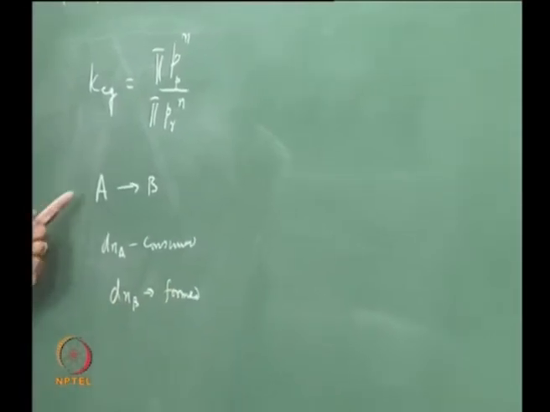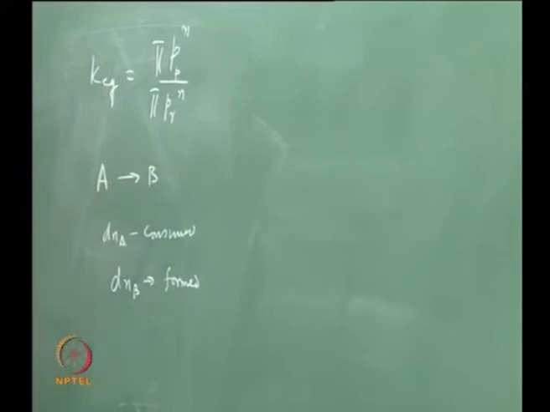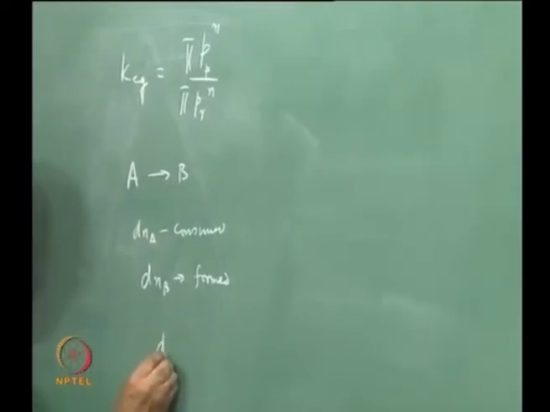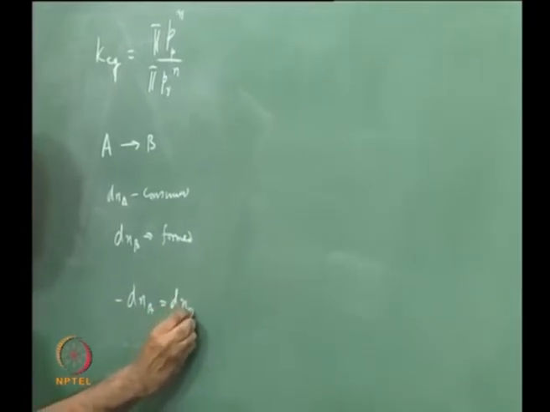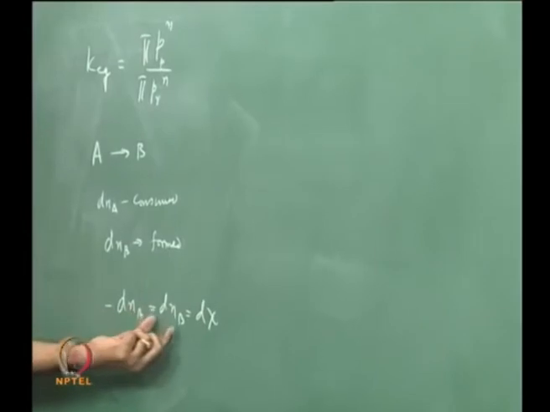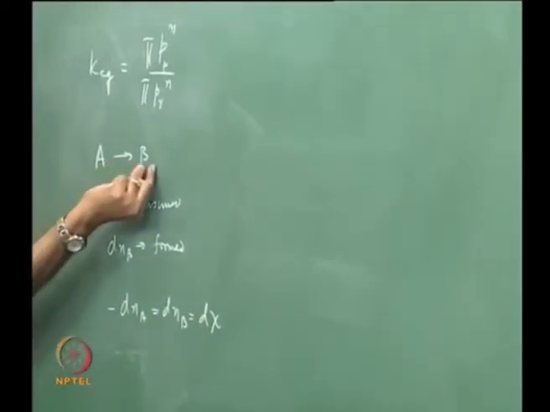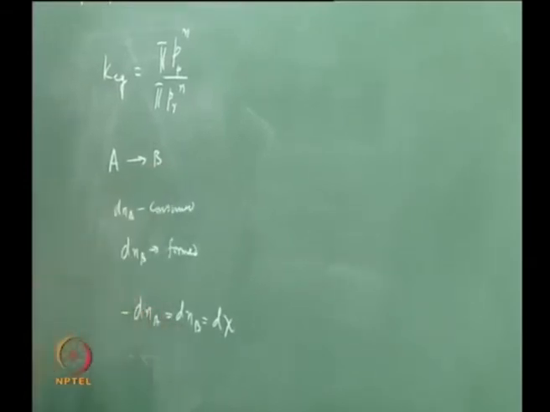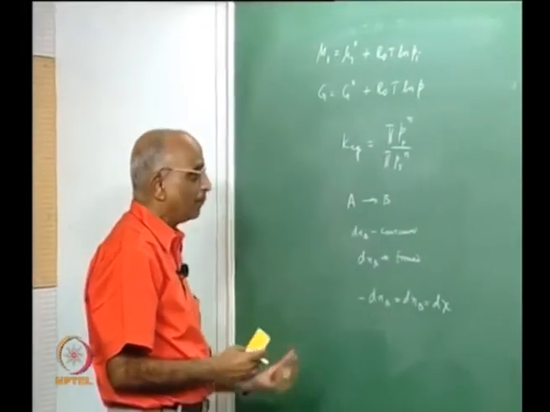But since it is 1:1, the number of moles here is 1, the number of moles here is 1, therefore I should get minus dNA equal to dNB, which I say is d chi, because the magnitude has to be the same. If I remove something, that must get manifested here, therefore it is equal to d chi. Therefore let us write the value for this particular reaction.